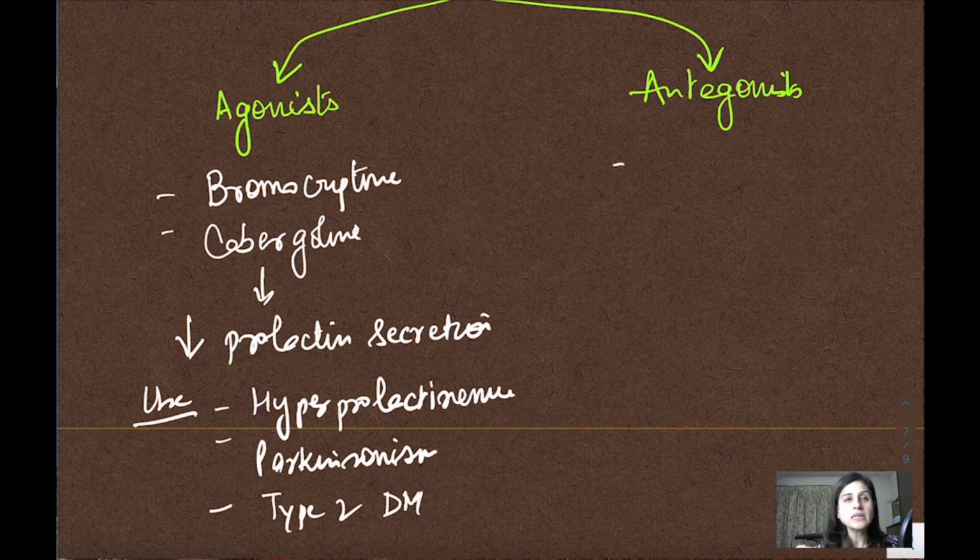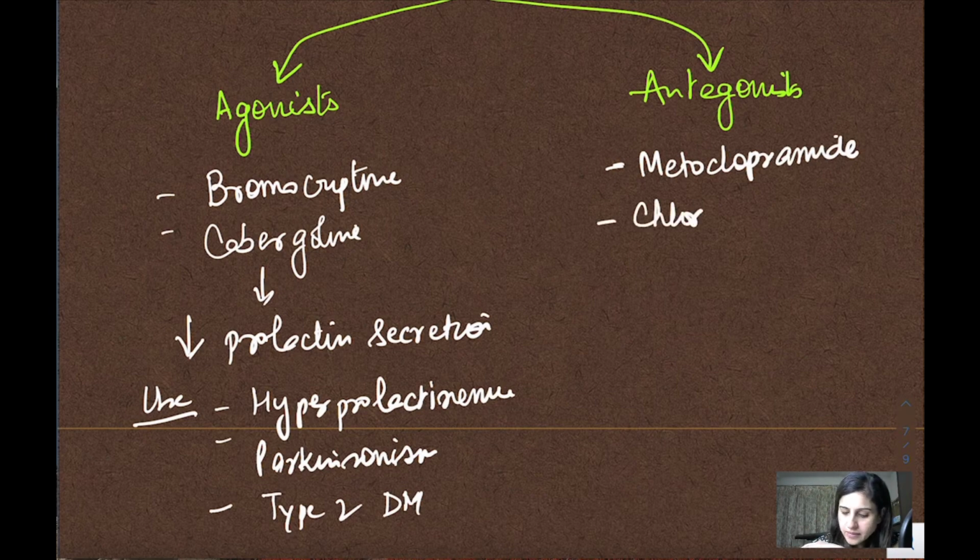Now D2 blockers, actually there are drugs which are not purely D2 antagonists. They are some other drugs used for some other purpose, but they also cause D2 block. For example, we have a prokinetic drug like metoclopramide. It also blocks the D2 receptors. Then we have antipsychotics like chlorpromazine, which also blocks the D2 receptors.